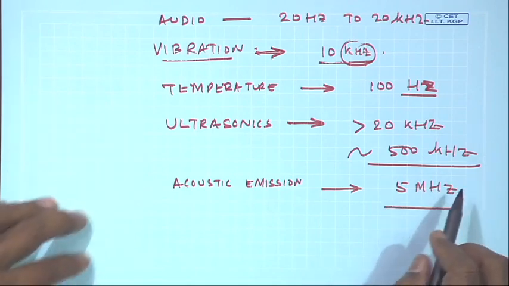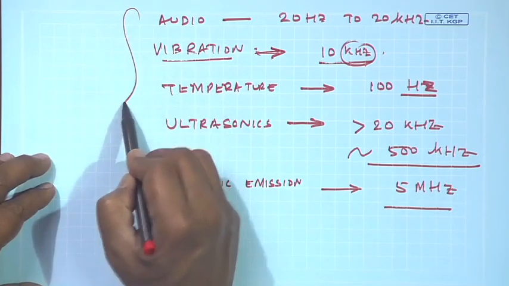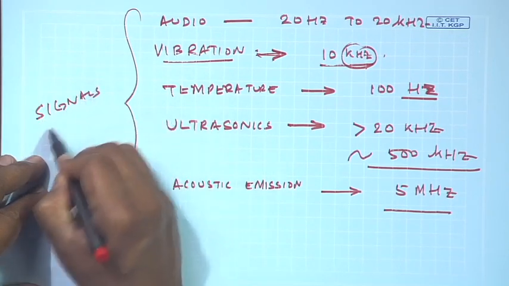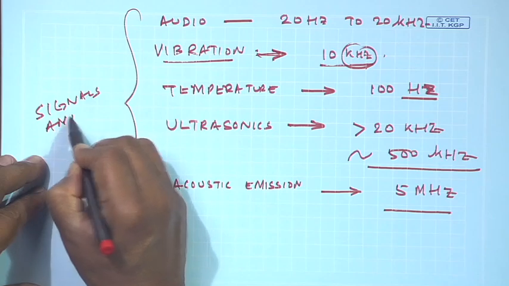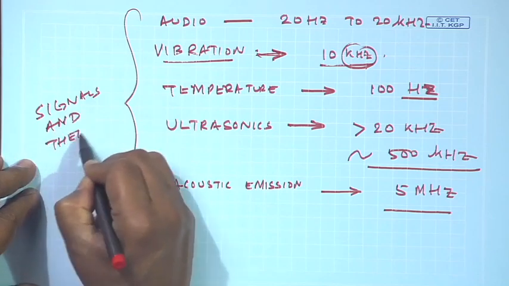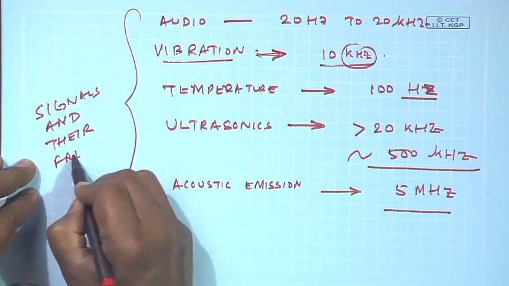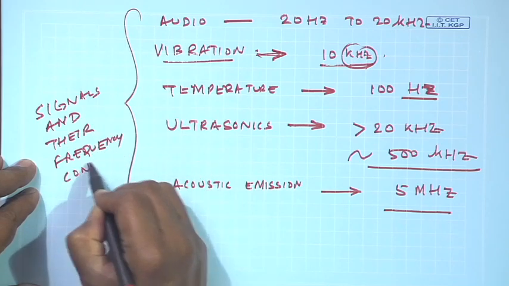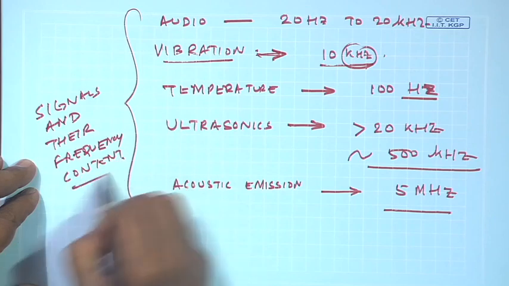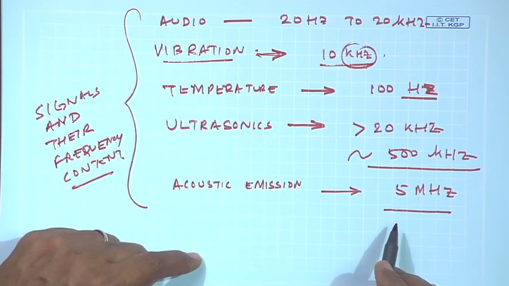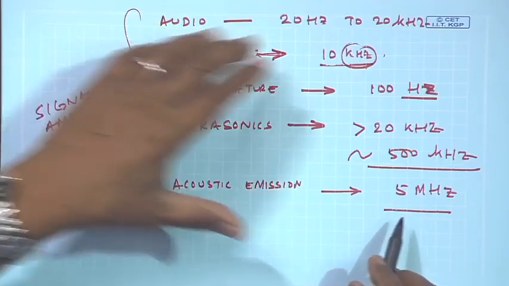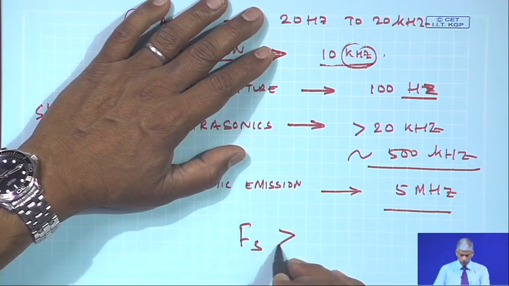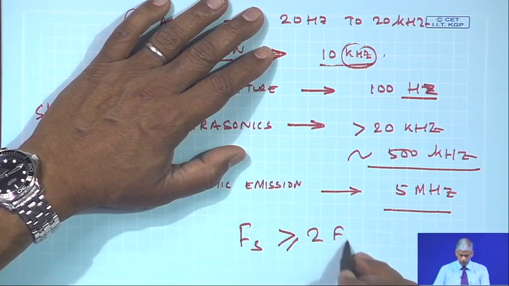So, you can see different signals and their frequency content, because to get a meaningful representation, they all have to be sampled at Fs greater than twice Fmax.